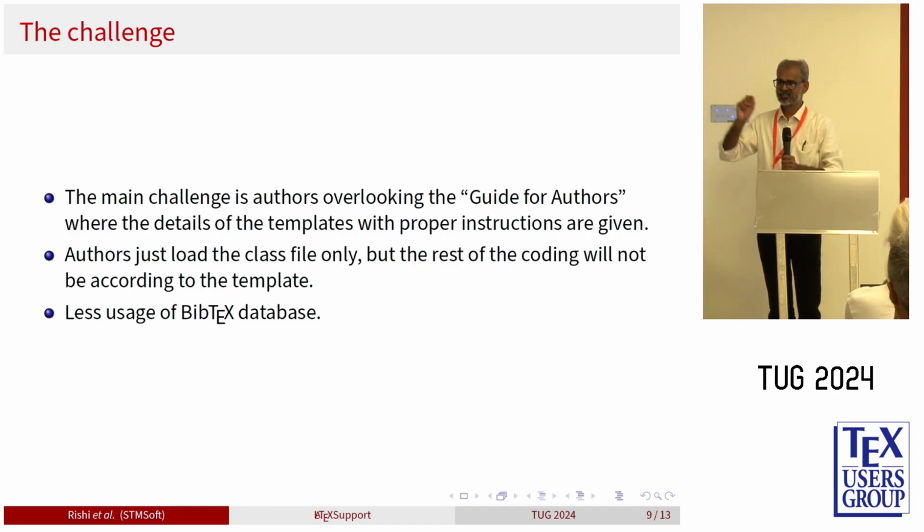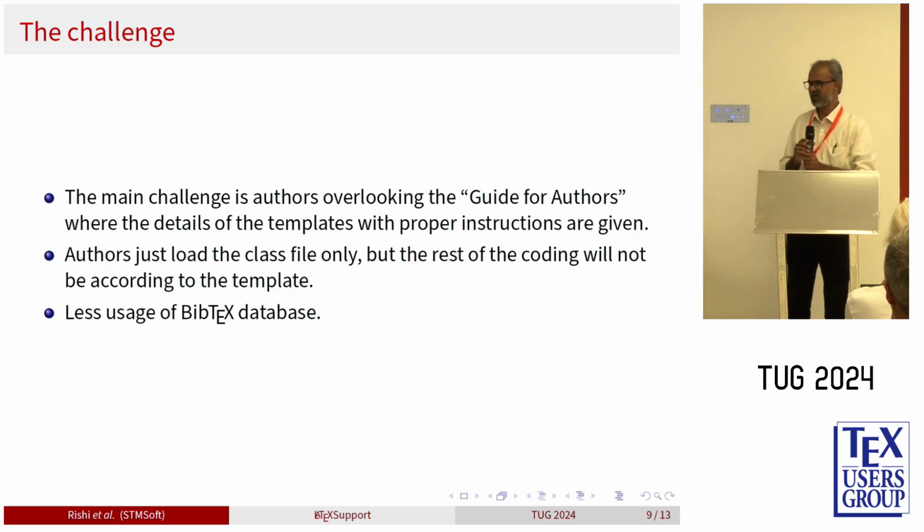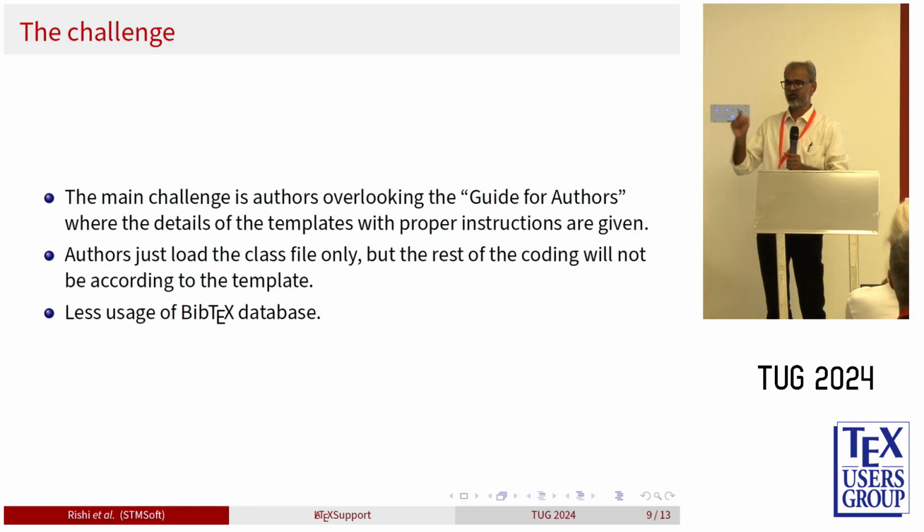They will load Elsarticle in the document class line, but the rest of the coding will be like a standard article class. Because the \author command will work everywhere, it is not mandatory to code the organization, division, city, postcode, etc. So they won't be coding it, and it still compiles and creates a PDF, and the submission system accepts it.